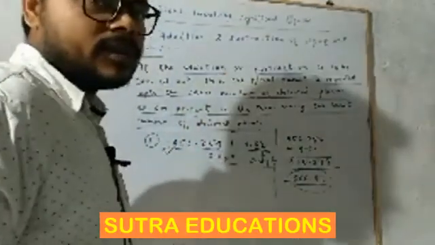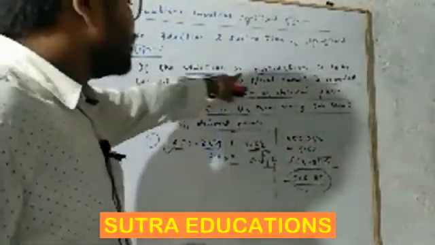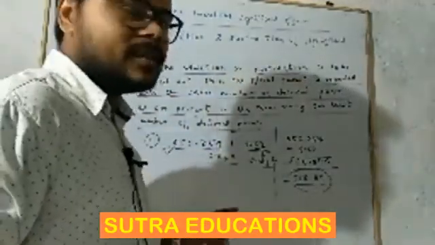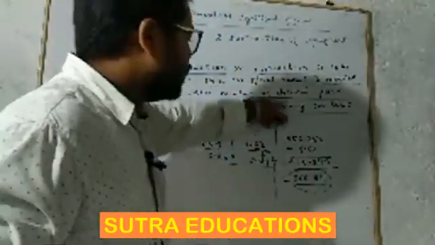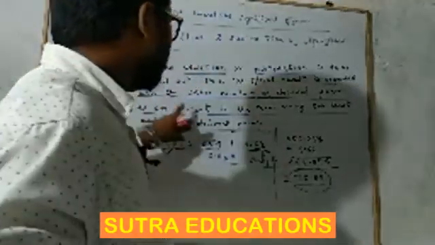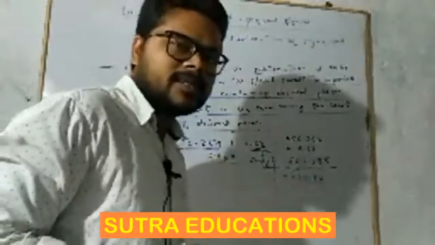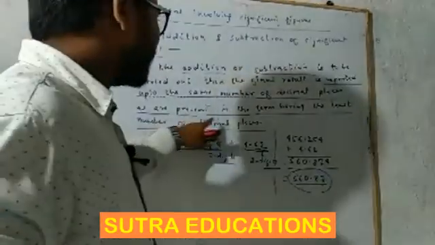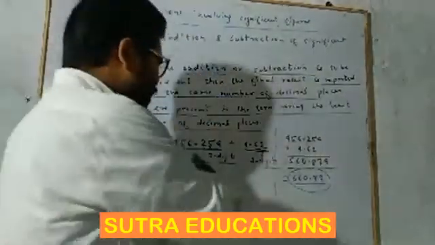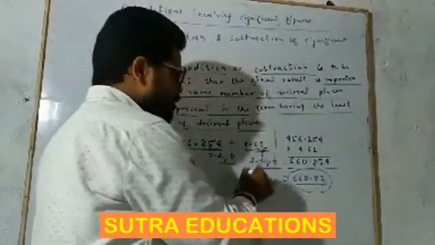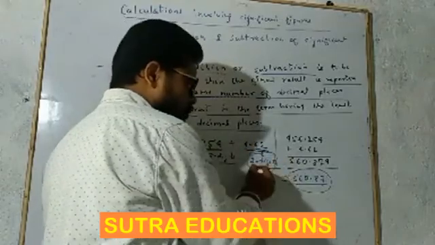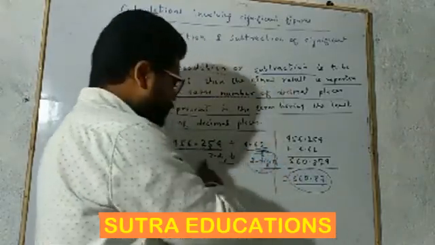Now come to the statement. If the addition or subtraction is to be carried out, we are adding here, then the final result is reported up to the same number of decimal places as are present in the term having the least number of decimal places. So we have two terms. In this term only two digits are present after the decimal, here three digits are present.